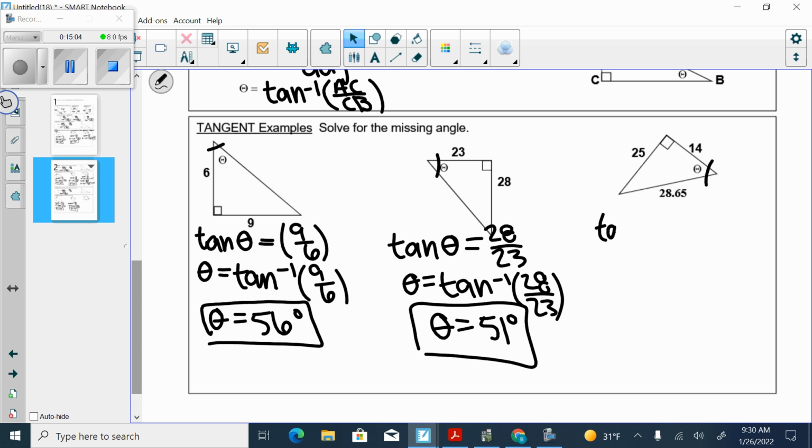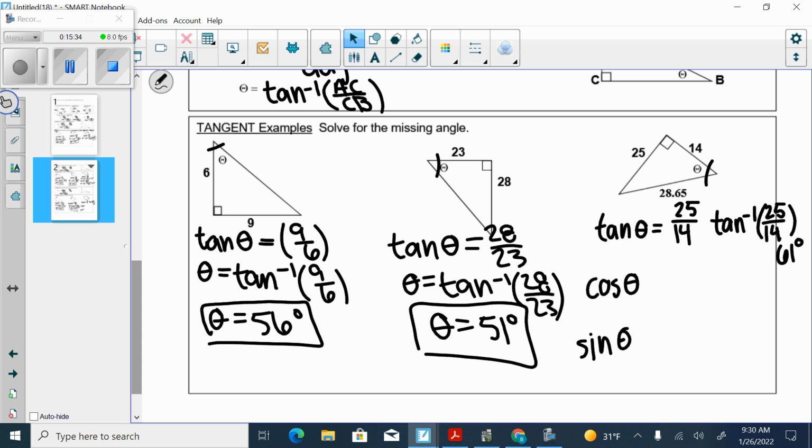We got tangent of theta is equal to what? Okay. Alright, so when I take the inverse of that, what do we end up with? Okay. And I should get the exact same thing if I checked it with sine and cosine, right?